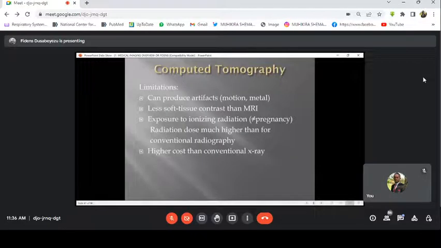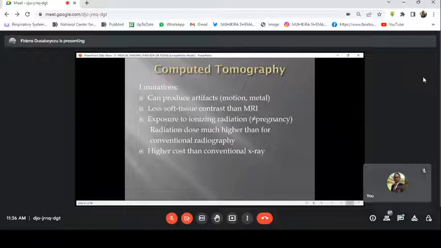Limitation now. Limitation number one, it can produce artifact due to motion or due to metal. If you have metal somewhere in the body, post-surgical metal, the structures behind that metal will not be able to be seen because of that artifact on CT scan.